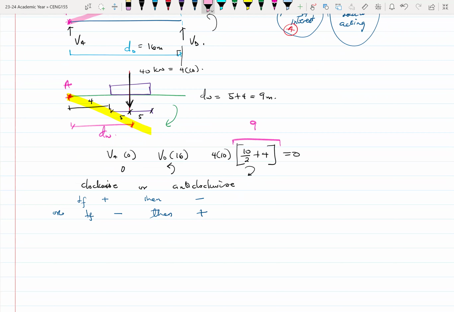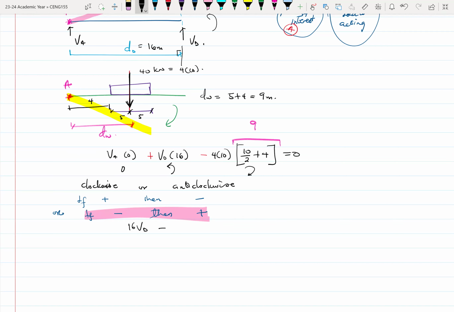Okay, so let me go with option 2, right? So it means that here is positive and this is negative. All right. So I can rewrite and get 16 VD minus, what would this give me?